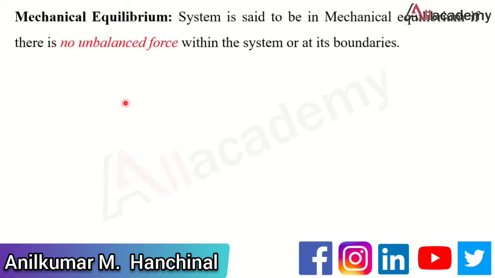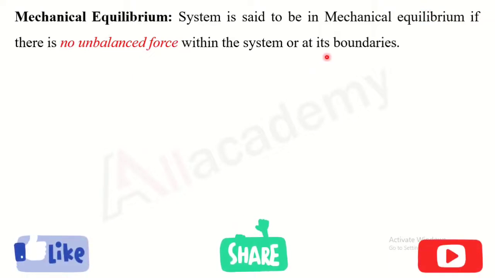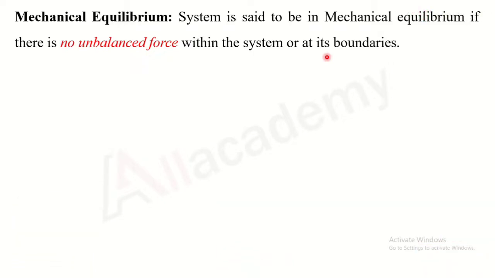So what is this mechanical equilibrium? A system is said to be in a mechanical equilibrium if there is no unbalanced force within the system or at its boundaries. Means if I want to say the system is in a mechanical equilibrium, then there must be no unbalanced force within the system. Then I can say that the system is in a mechanical equilibrium.